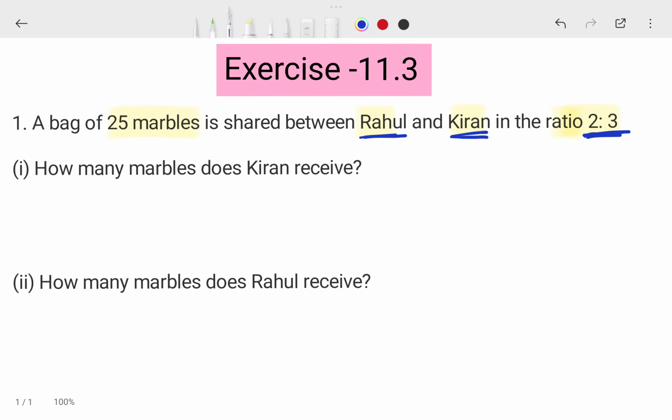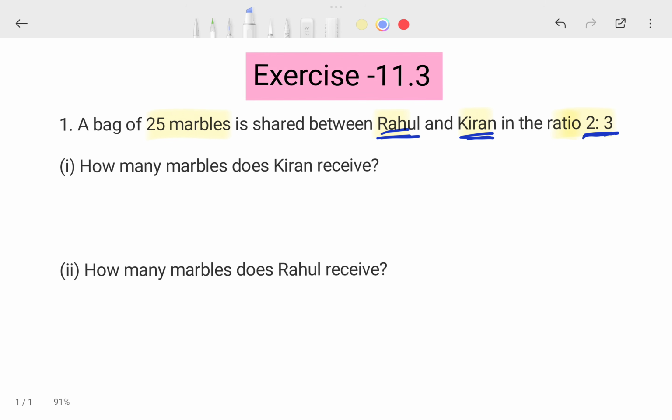We are given 2 plus 3. We will add the ratio, and after adding the ratio, we will divide the marbles by it. Generally we will learn about it, but let's first understand what the first question is telling.